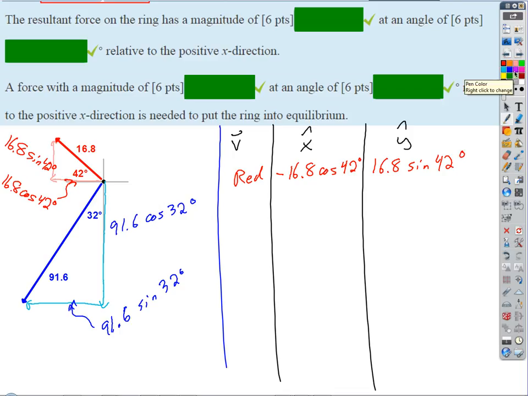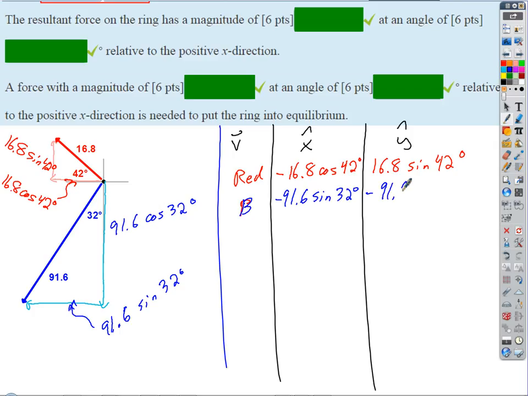Okay, how about the blue vector? X component, positive or negative? Negative. Negative 91.6 sine 32 degrees. Y component? Negative, right? Negative, because it's pointing down.